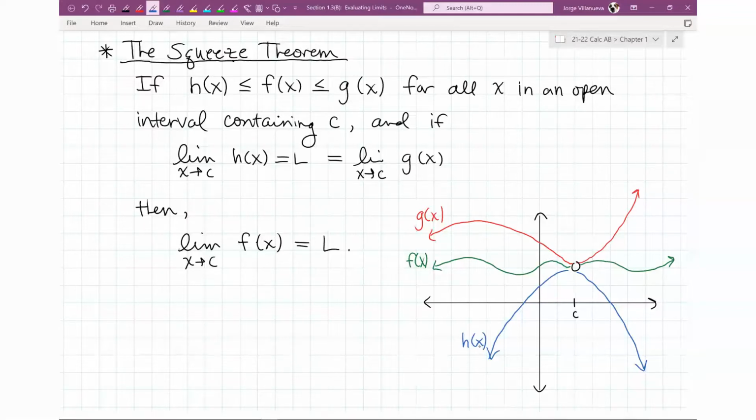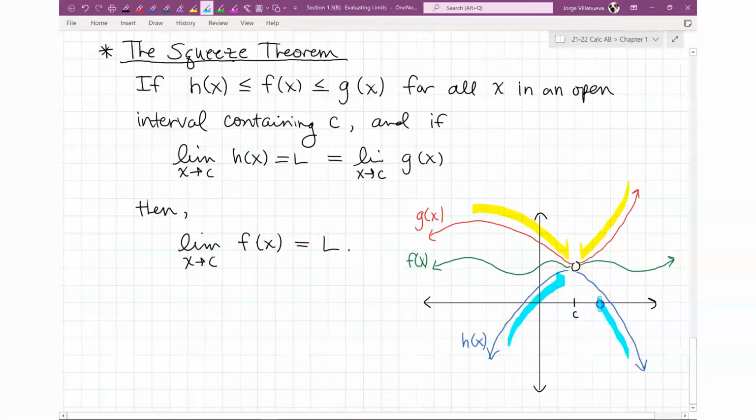They're basically saying this: if the top function is going to converge to that point, and the bottom function is going to converge to that point, then this little function here has no choice but to converge to that same point. Does that make sense? That's what they're trying to say. So that's what they're saying graphically.